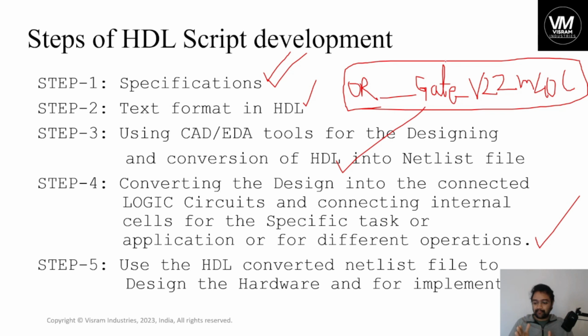Unless and until, whatever text format you write won't be understood on the FPGA board. What is the FPGA hardware looking for? It is looking for, okay, I have these OR gate cells of 2.2 volts, I have OR gate cells of 3.3 volts. Which one should I use?